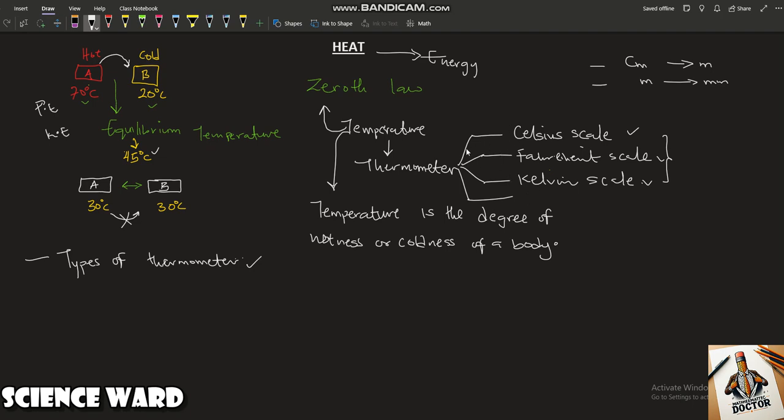Of course, we can have a thermometer in which the scales are graduated in Celsius, and that will be the Celsius scale. We can have a thermometer in which the scales are graduated in degree Fahrenheit, and we can have a thermometer in which the scales are graduated in Kelvin. So we can definitely say we can convert degree Celsius to degree Fahrenheit, and we can convert Kelvin to Celsius, and many more.